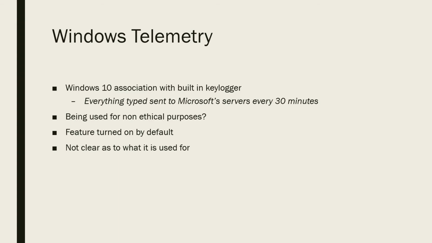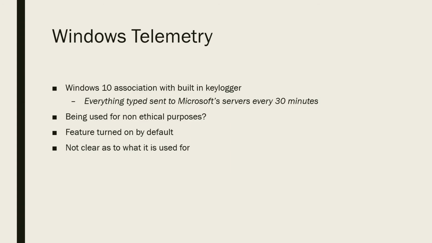There have been questions as to whether or not Microsoft uses this for non-ethical purposes, but there's no data to be found on that. During a Windows 10 update, I think it was in 2017, might have been 2016, Windows turned on the telemetry feature by default to the maximum without really notifying users, and a lot of people got upset about that.